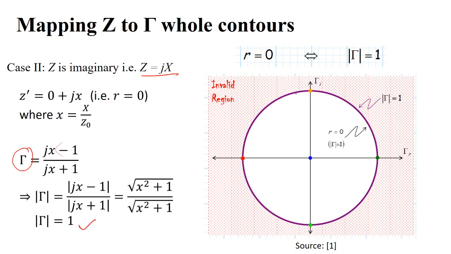So it means the reflection coefficient will depend upon the X, but we are certain that the magnitude of this reflection coefficient will always be 1. The phase will depend upon the value of X. So by changing the value of X, you will get a different phase here. So R equals 0 means you have the constant circle, the magnitude equals 1.